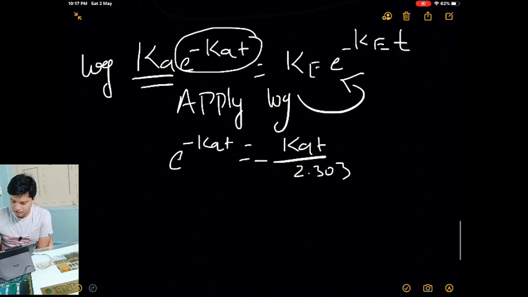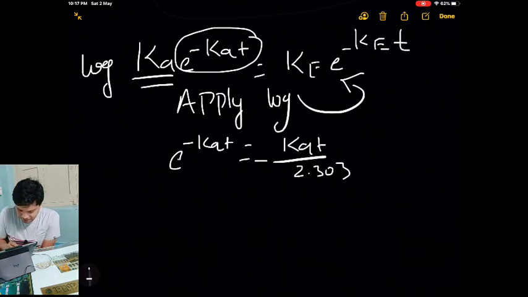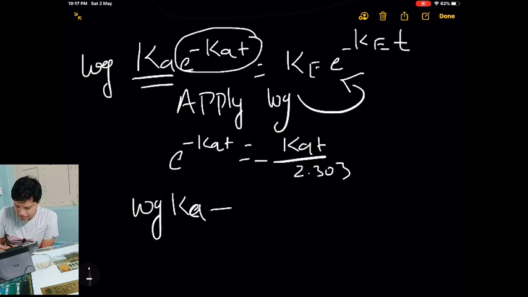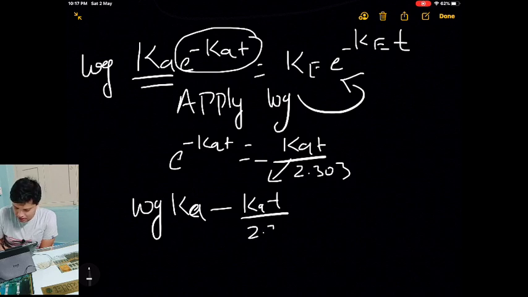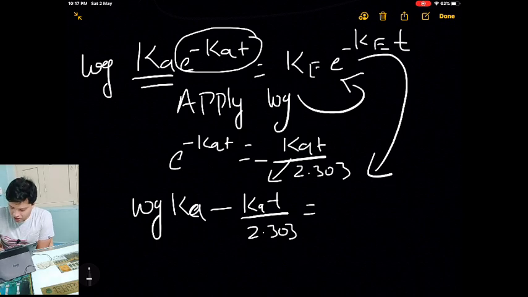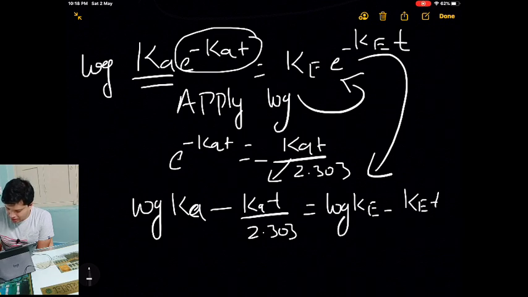What we will get is log ka minus kat by 2.303 is equal to, on the other side, log ke minus ket by 2.303.